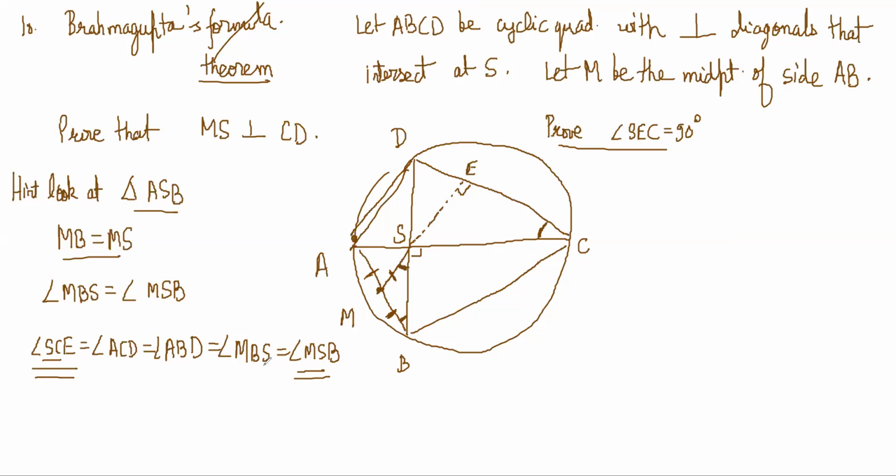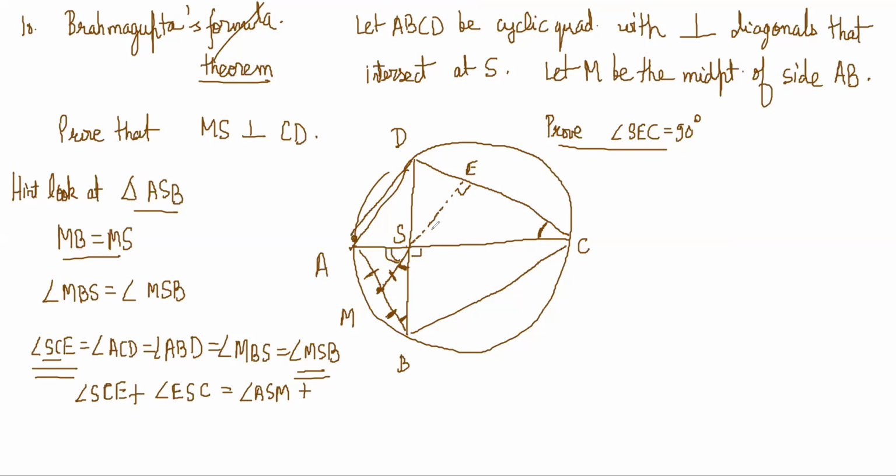Now, ESC plus SCE is equal to angle SCE plus angle ESC. ESC is equal to ASM, since they are vertically opposite.